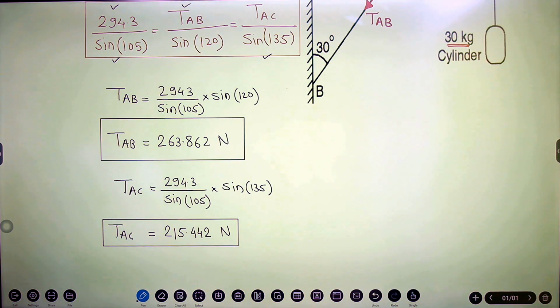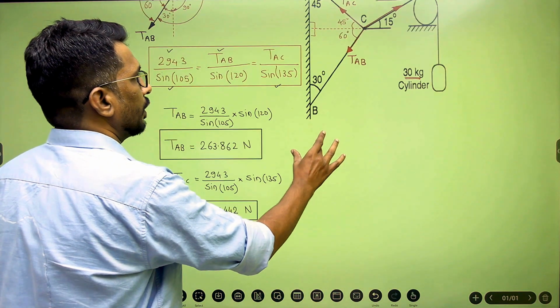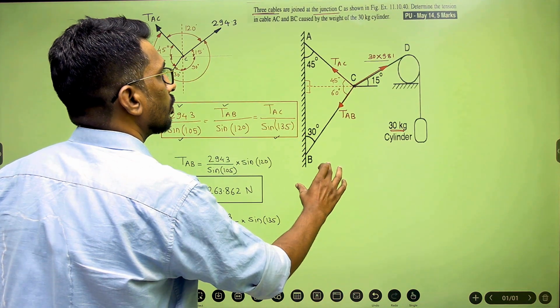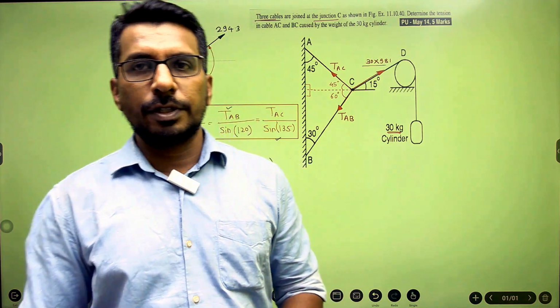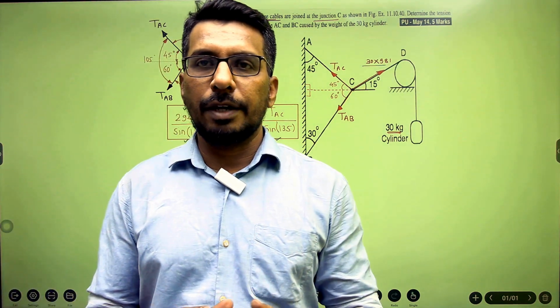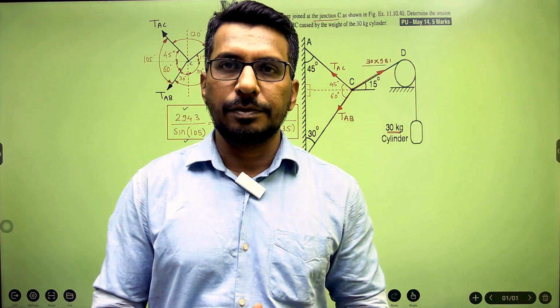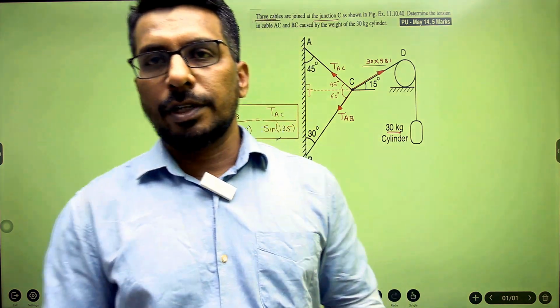So this is the complete solution for the given question. This question was asked in the SPPU for 5 marks, and here we have seen the application of Lami's theorem. Now we will proceed for the next question.